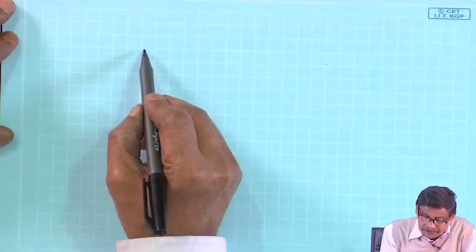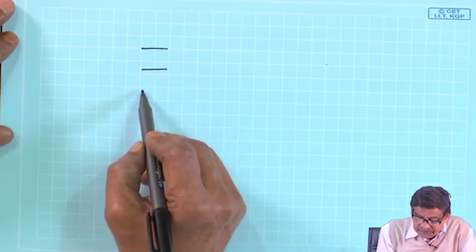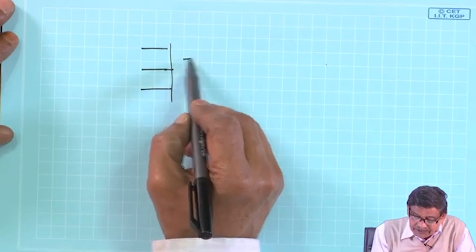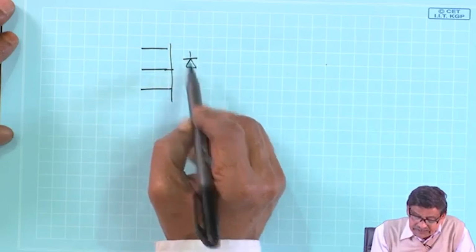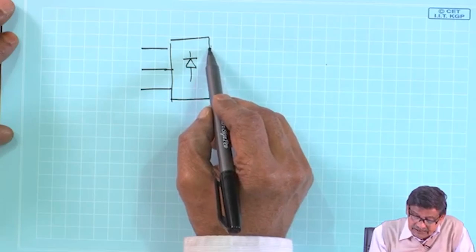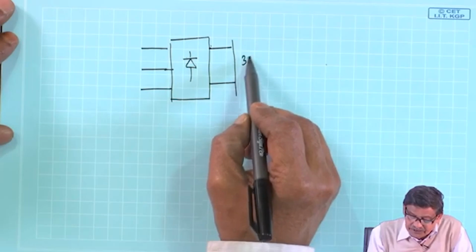See, suppose you have got this 3-phase supply, rectifier, and DC, and 3-phase inverter.